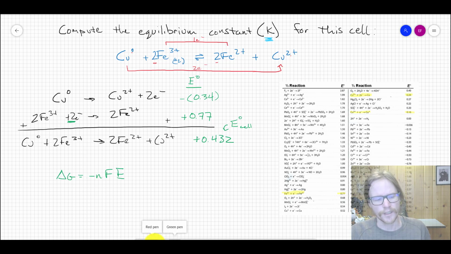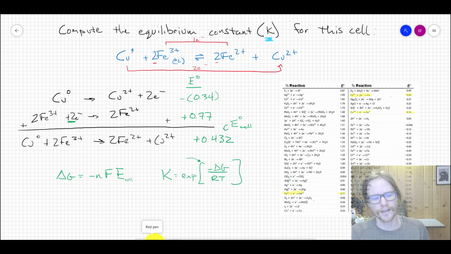We also know that delta G is equal to minus nFE, and I should clarify that this is E cell, which is also the same as delta E. We also know from our chemical understanding of the world that the equilibrium constant for a reaction is related to delta G through this exponent of minus delta G over RT. I think I mentioned this in chapter 6 when introducing equilibrium. So these are fundamental relationships we should all know if we're chemists.